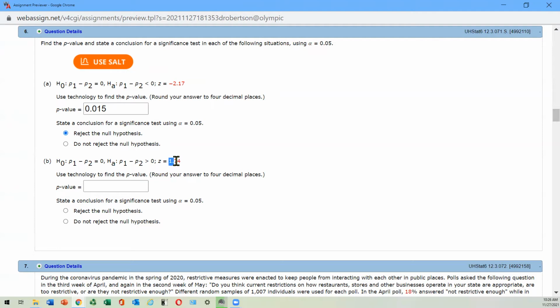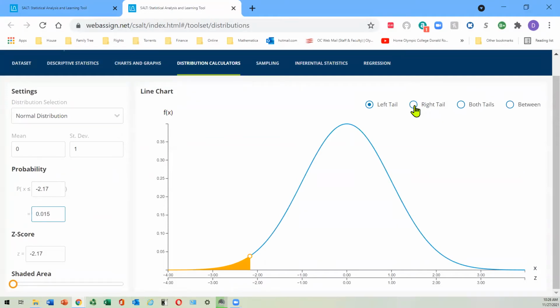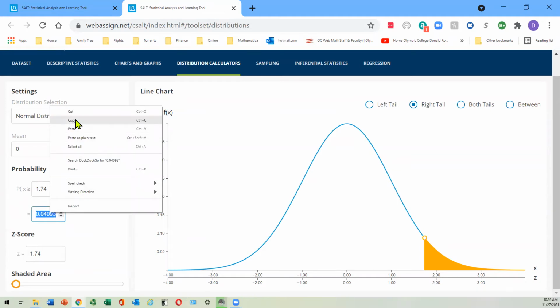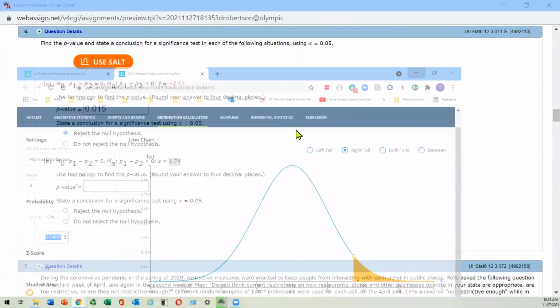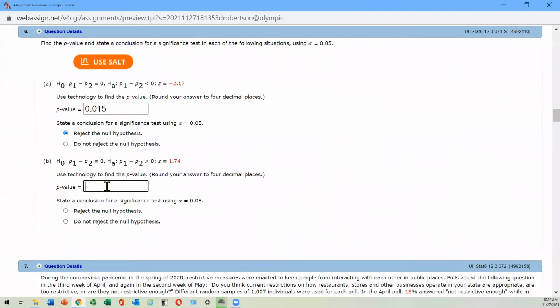Now, you want it to be greater than 1.74. So you want greater than, right-tailed, 1.74. The answer I got is that p-value there. And I'm looking at that guy, and he is also less than 0.05.